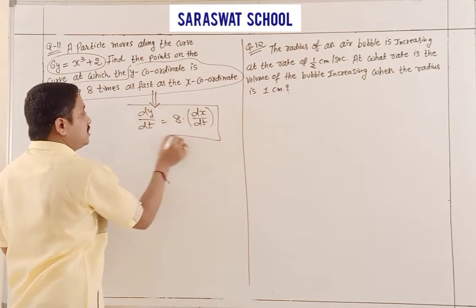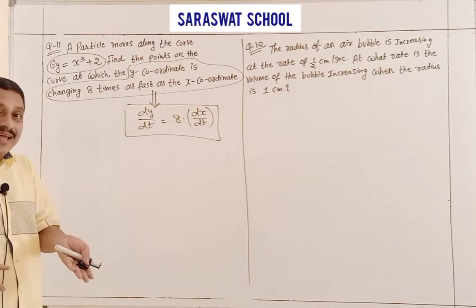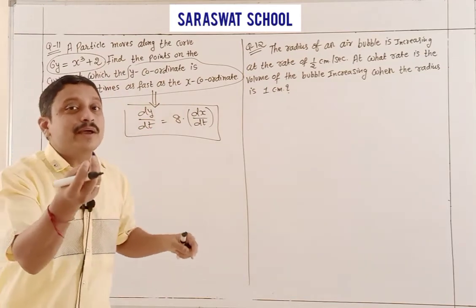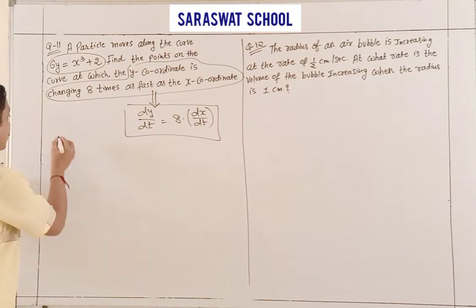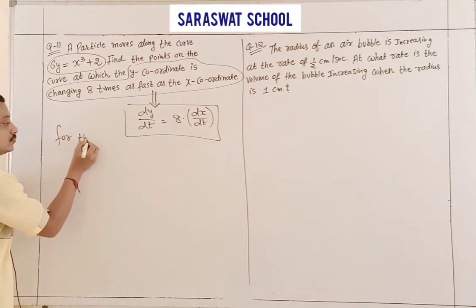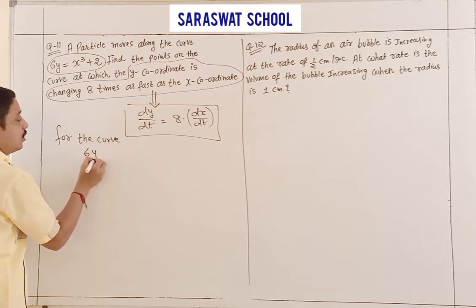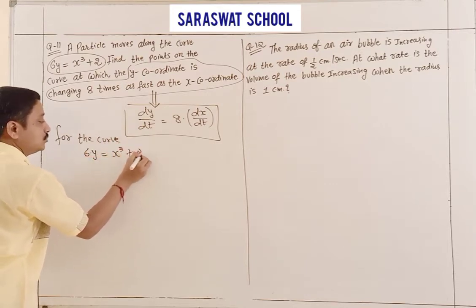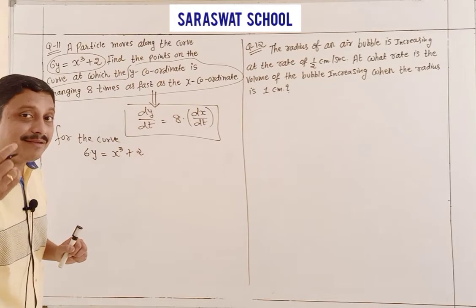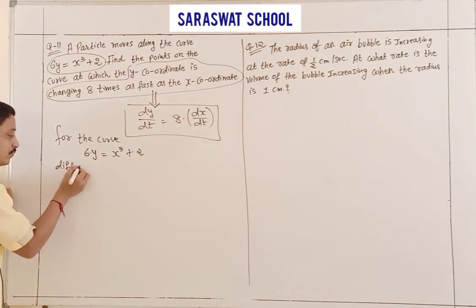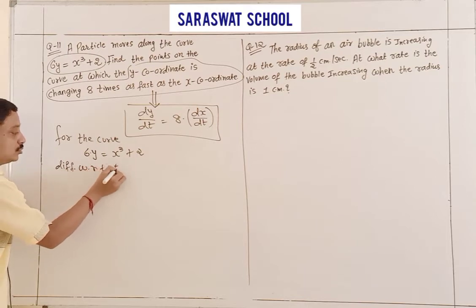That's the given part, and that's how you utilize it in this question. Now take the derivative of the curve with respect to t. The curve given is 6y is equal to x cube plus 2, so differentiation with respect to t.